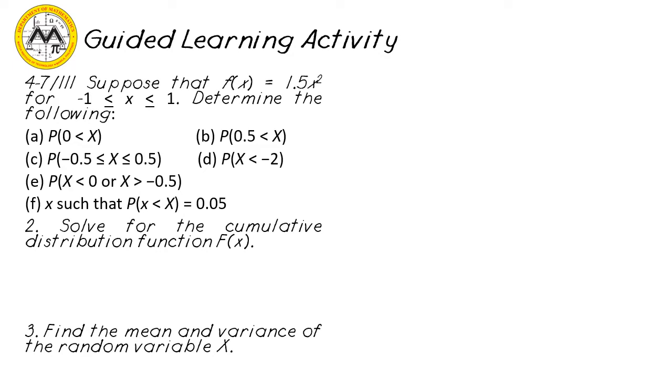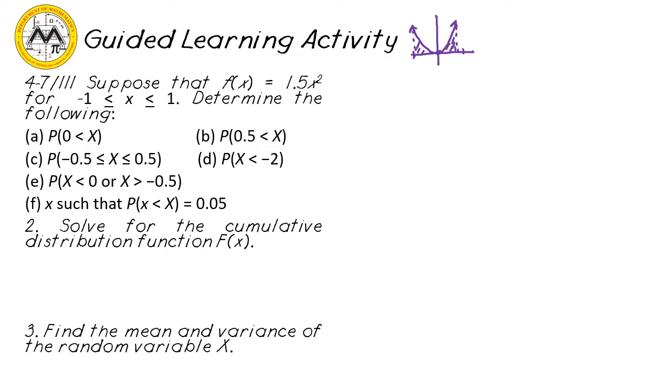We have to take note that the density function given is a parabola. This is a parabola with vertex at the origin and it opens upward. So from negative 1 to positive 1, it is always positive.